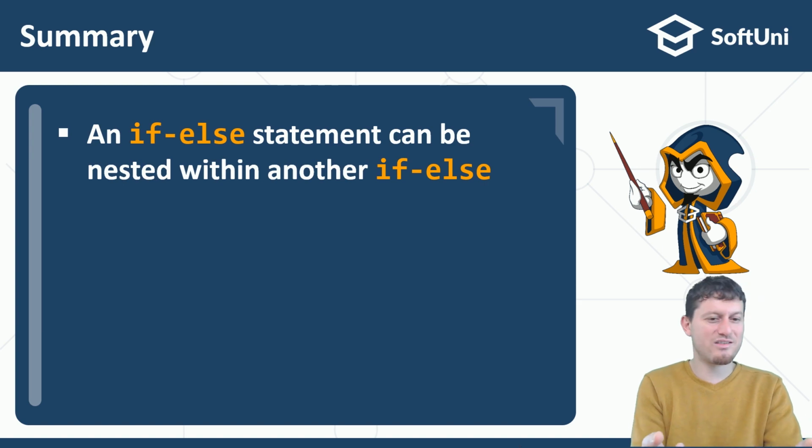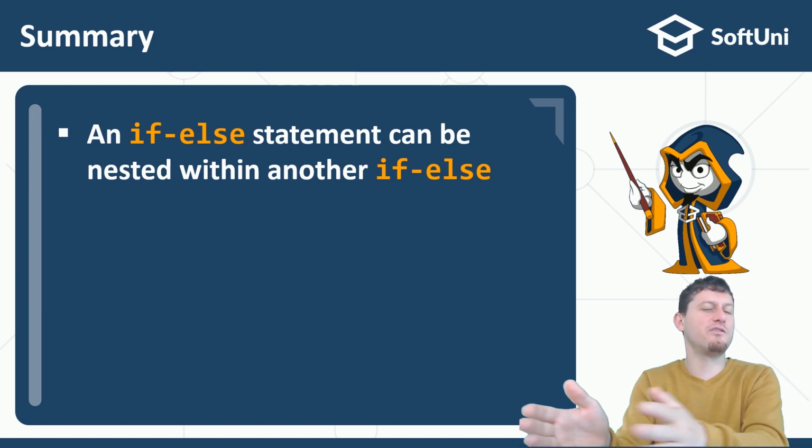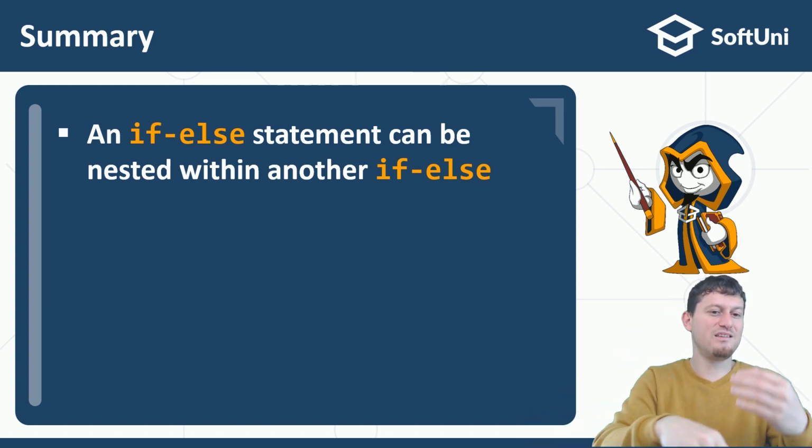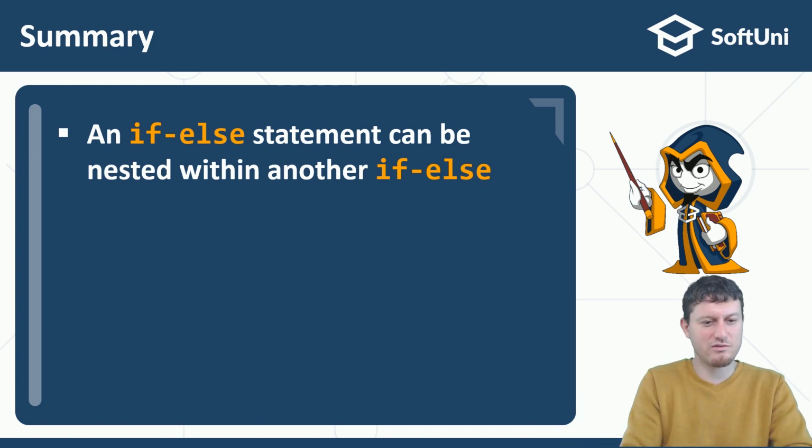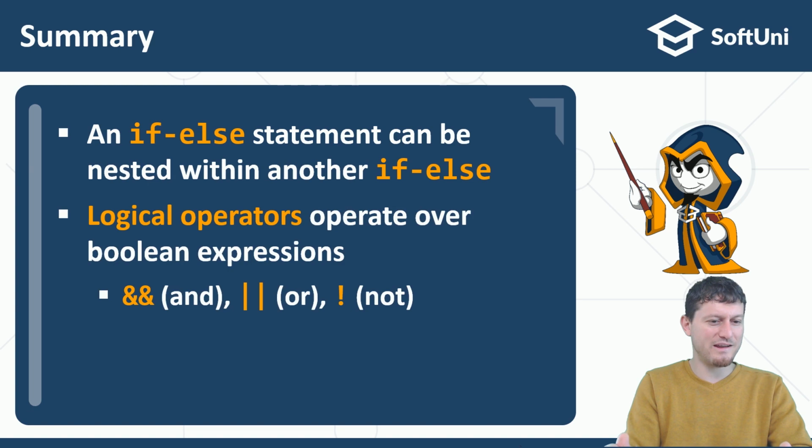If in the else statement we put another if-else, it's a statement, we can do it. So we can nest if-else inside another if-else, and in some of these cases we may have other if-else sequences, like we already demonstrated.